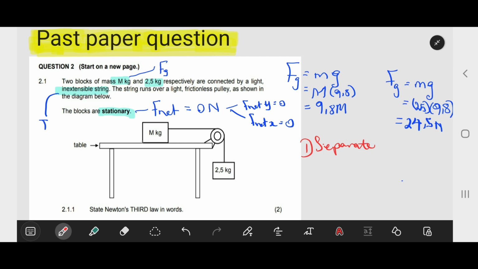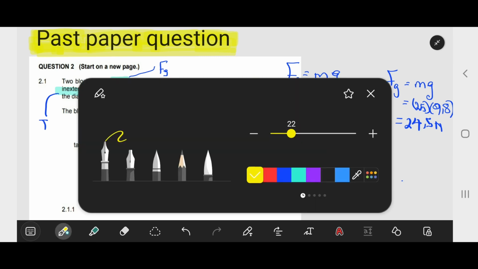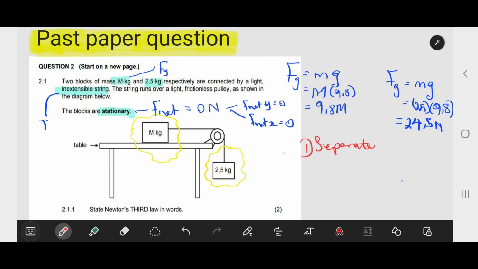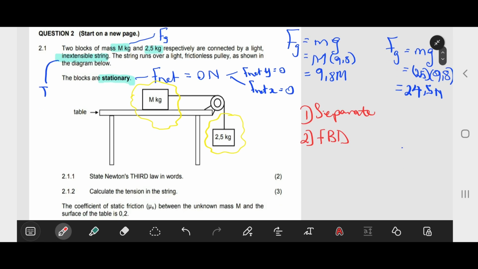This means you will be applying Newton's laws on the first object and Newton's laws on the second object separately. Then step number 2, you draw a free body diagram for the first object and the second object.